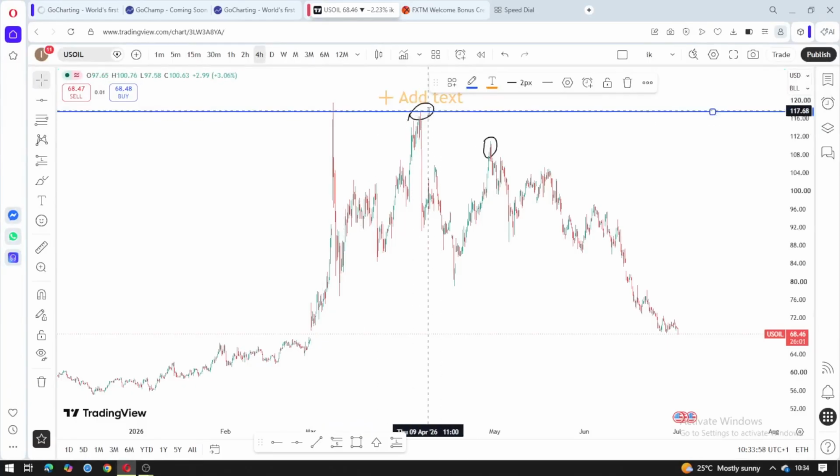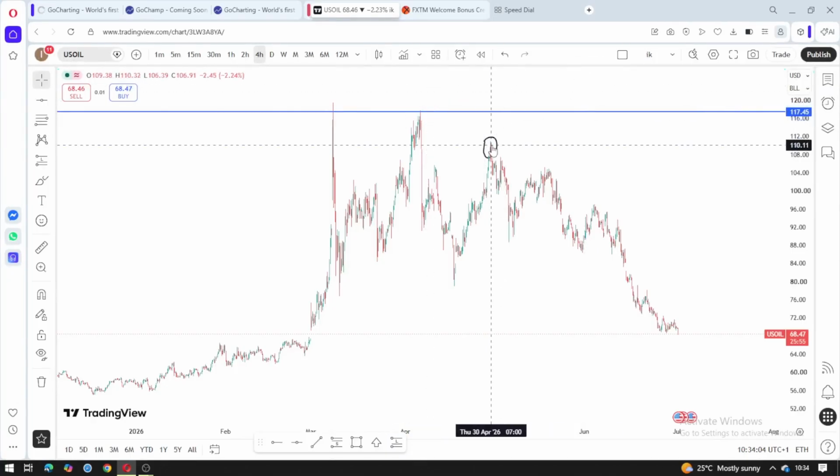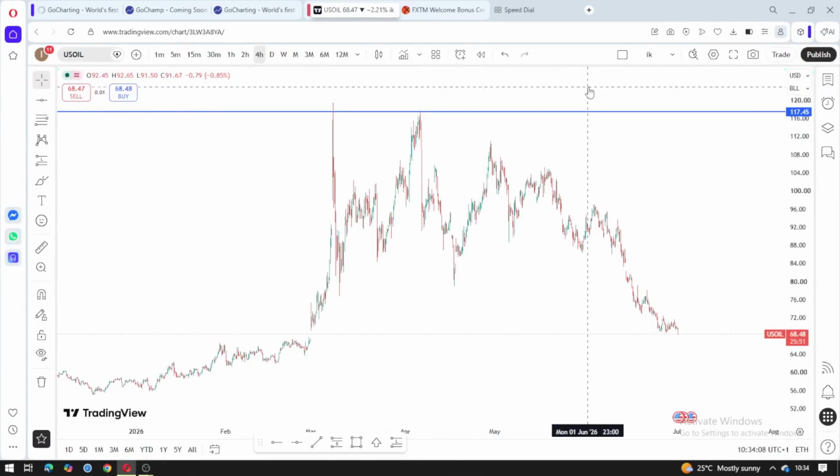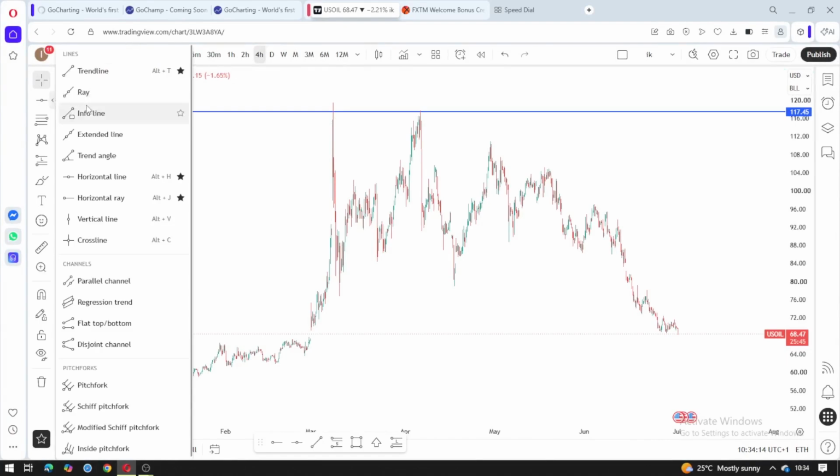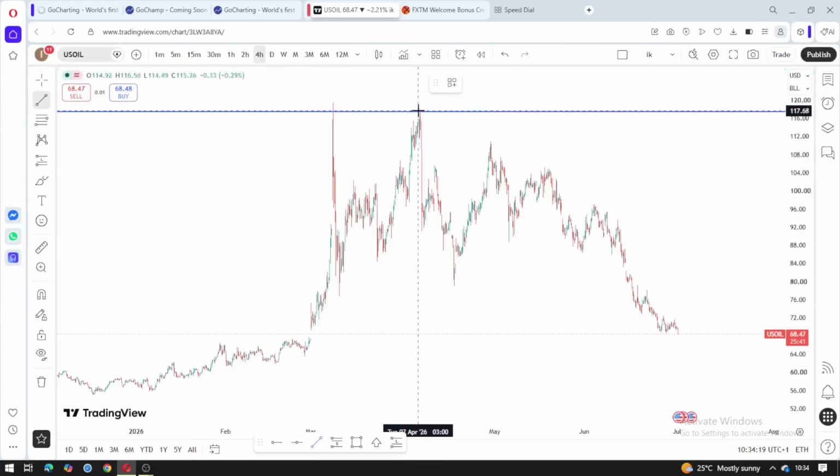But these two points, this point and this point, you can connect as a trend line. That's why I say you should spend time learning how to draw, so that you can see with your eye and just know when a good trend line is actually in play.